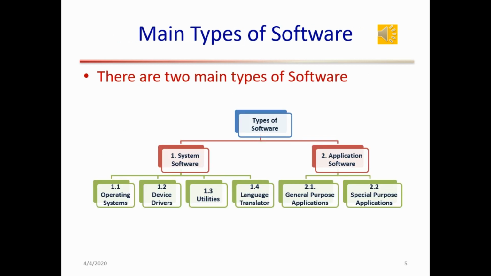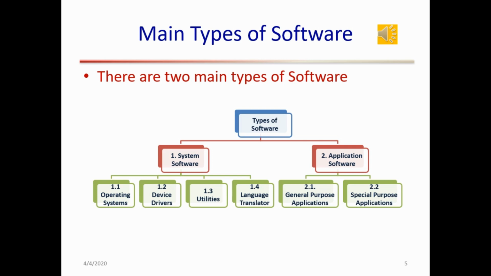There are different types of software. These types can be categorized according to their usage into two main categories: the system software, which is the set of programs that operate the computer and control the hardware, and the application software, which is the set of programs that do different tasks for different users.